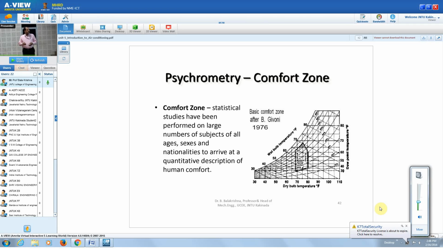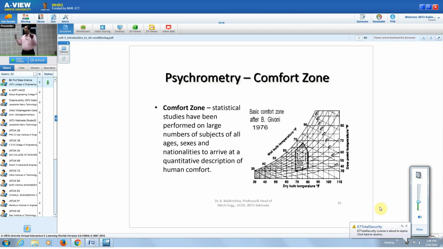These vertical lines are dry bulb temperature lines, and these horizontal lines, where these two coincide, this is called the dew point temperature. This is the specific humidity. So this is the total graph, and this is the comfort zone.